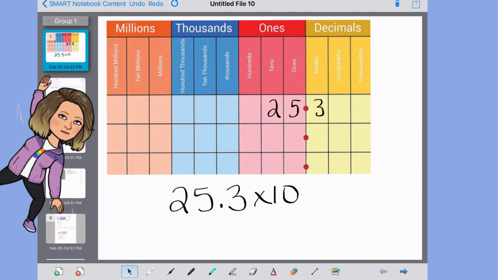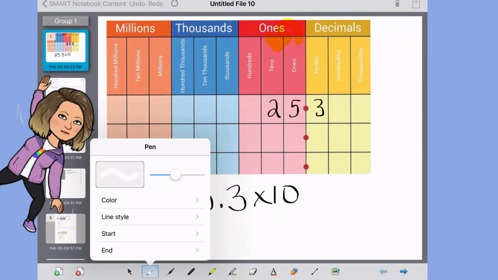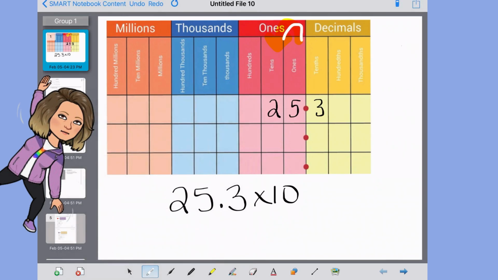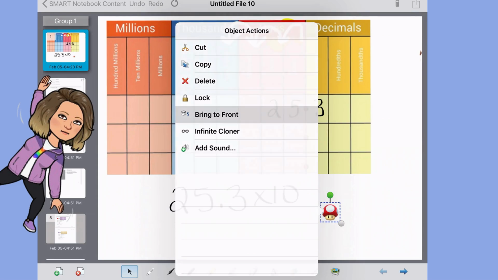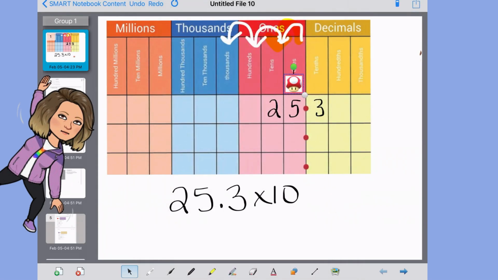I know that every time I move up the place value, we're saying times 10. I'm saying times 10, times 10, times 10, over and over. When Mario eats the mushroom, what happens to him? He gets bigger and bigger and bigger, right?